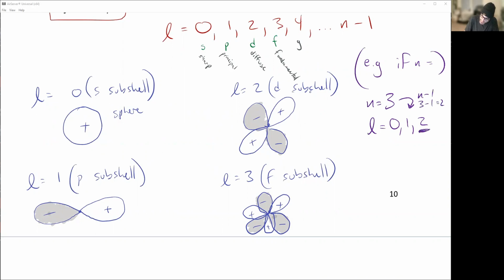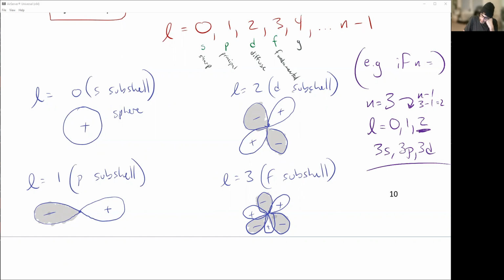So this is the maximum value that we can have for L. So it's possible to have a 3s, 3p, and a 3d. Can I have a 3f? I cannot, because it's restricted by quantum numbers.